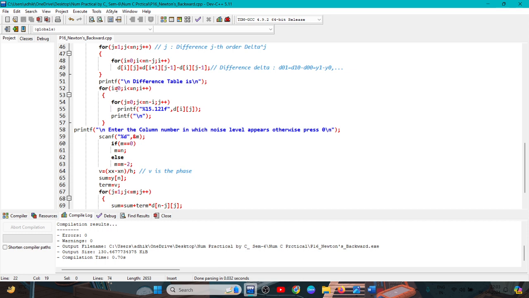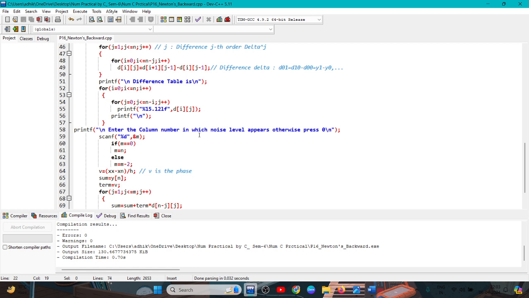So for i equal to 0, j equal to 0 to 9 is the first row of differences, delta y0, delta 2 y0, delta 3 y0. Next print a new line, and i equal to 1 for the second row.